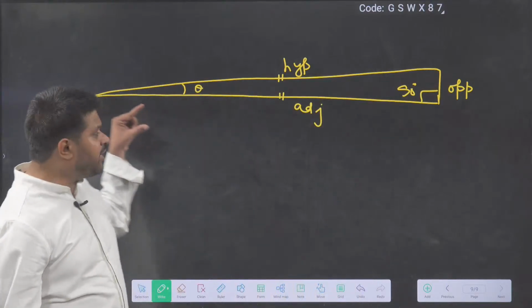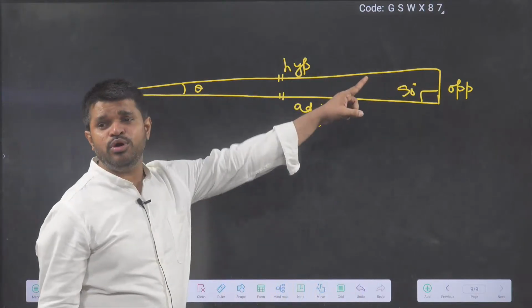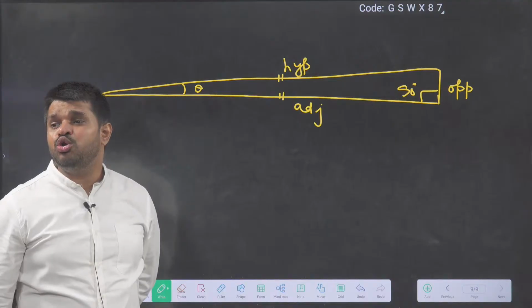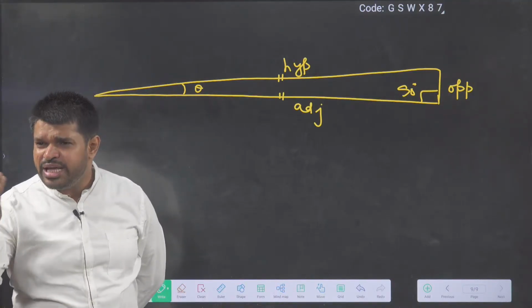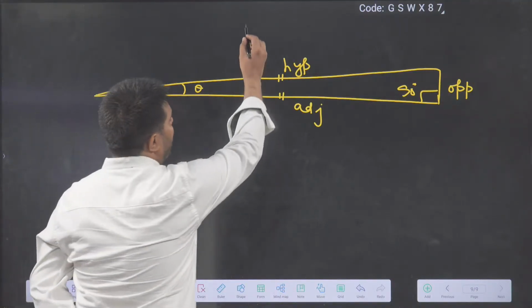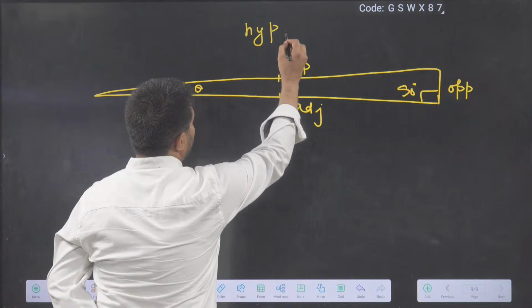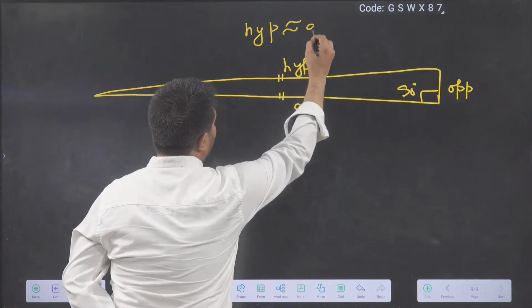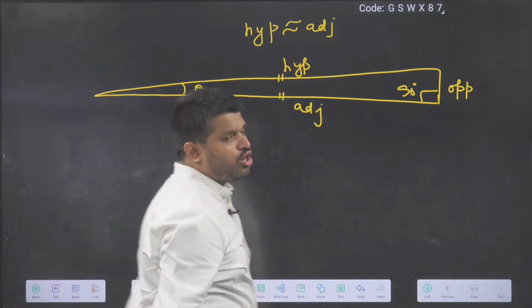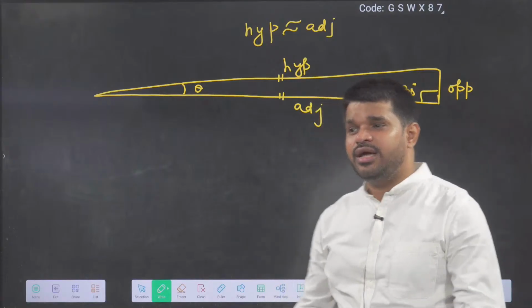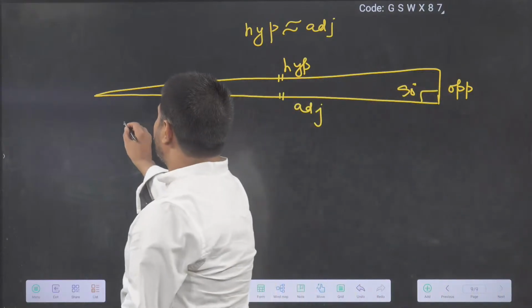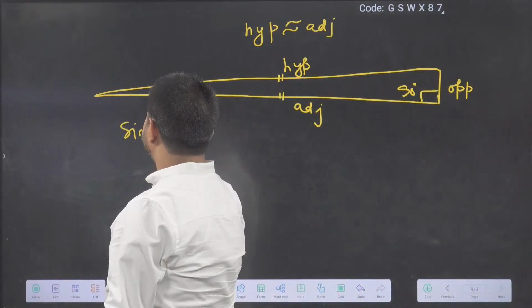If theta is very small, do hypotenuse and adjacent almost look equal? Yes. So I will write hypotenuse is almost equal to adjacent.